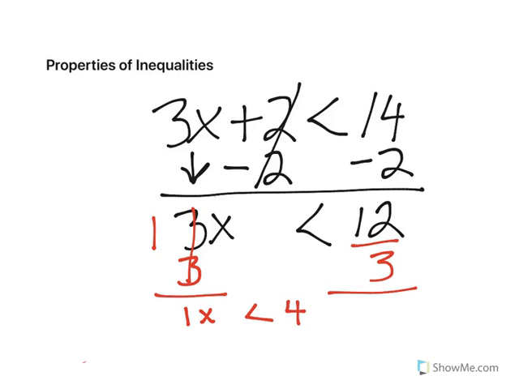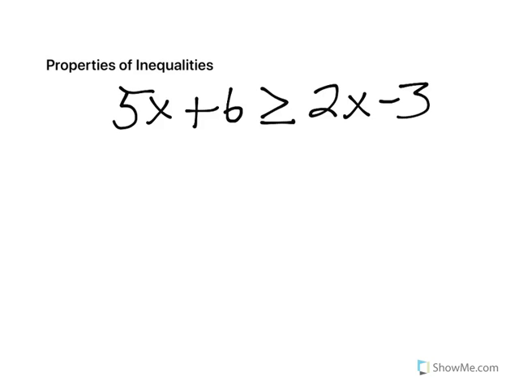Whether you leave the 1x as a 1x or just as an x, it doesn't matter. x is less than 4, and that's how you do that problem. Basically the same way as we did the last one, except instead of an equal sign, it was an inequality. And the inequality always travels down, just like the equal sign did.